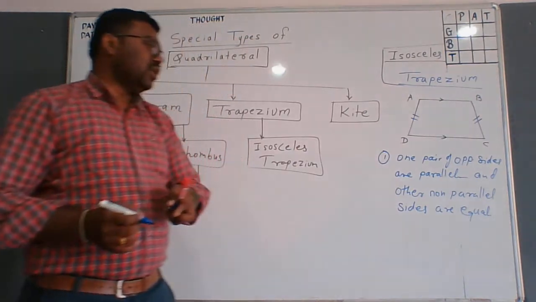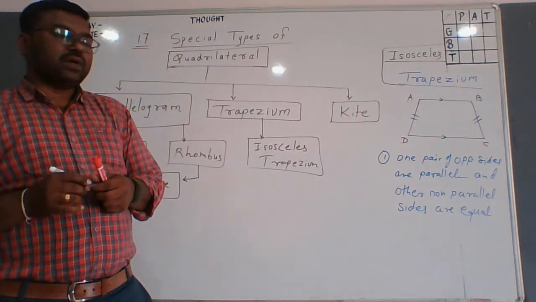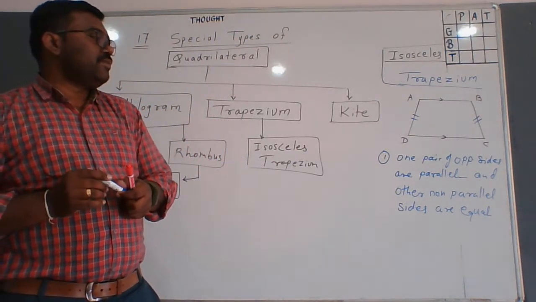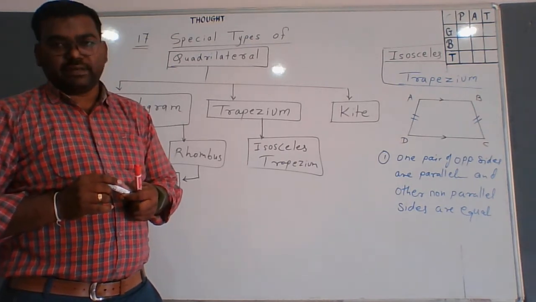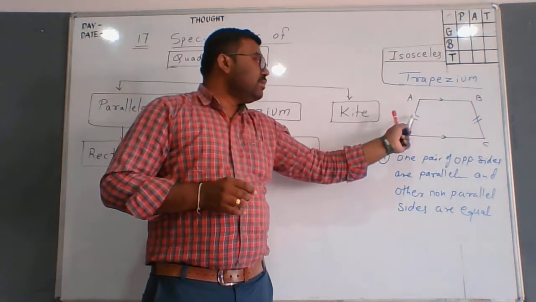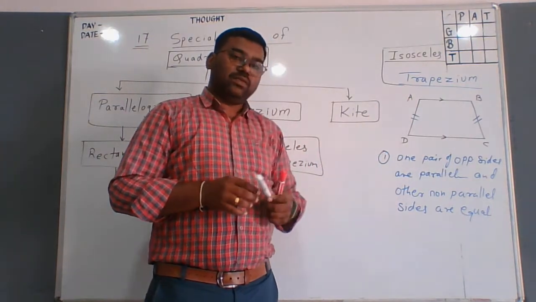Okay? The other non-parallel sides are equal. So this is the first property of isosceles trapezium. It is a trapezium with non-parallel sides equal.